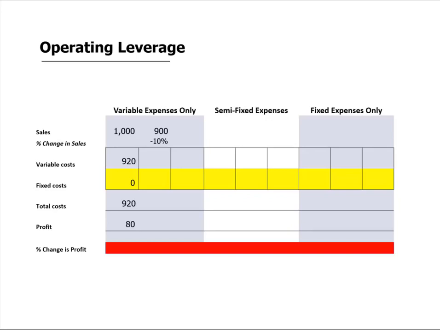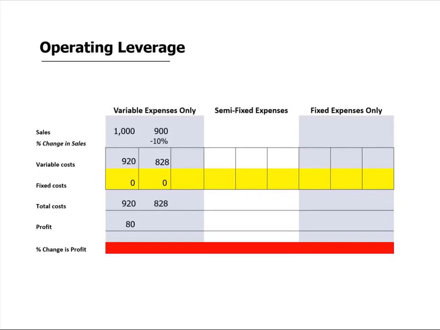Well, the nature of variable costs suggests that our variable costs will only be 828. That's obviously 10% less than the 920 that we were doing when we were selling 1,000. So now we're going to say our fixed costs are 0, that hasn't changed. And what is 900 less 828?